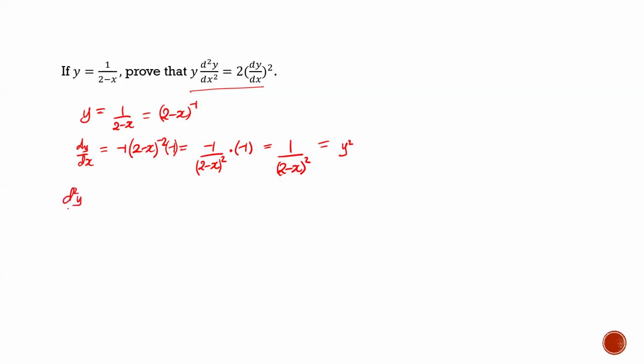Now d2y/dx squared is going to be equal to what? When you differentiate 1 over (2 minus x) squared with respect to x, what do you get? Simply going to be the derivative of dy/dx.